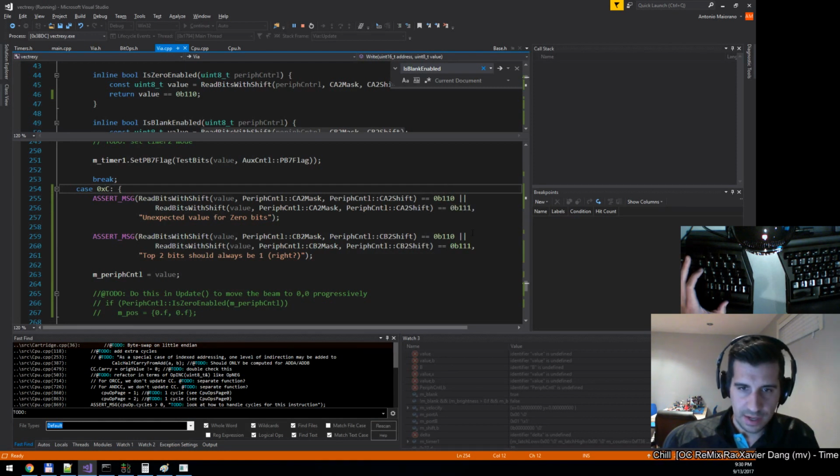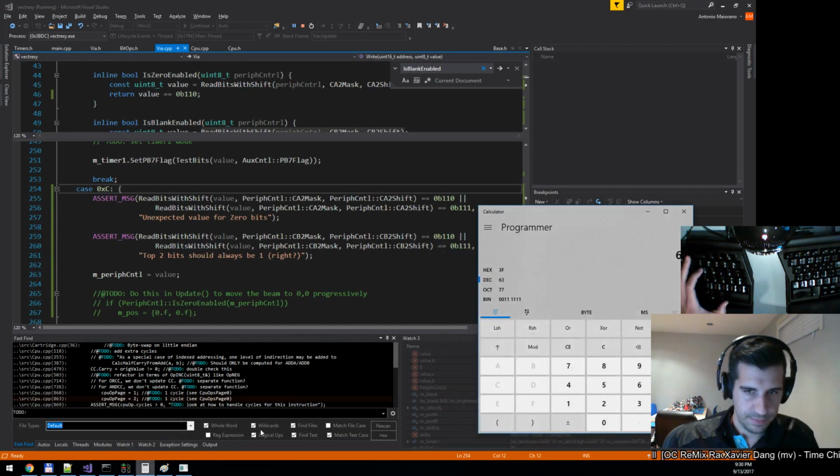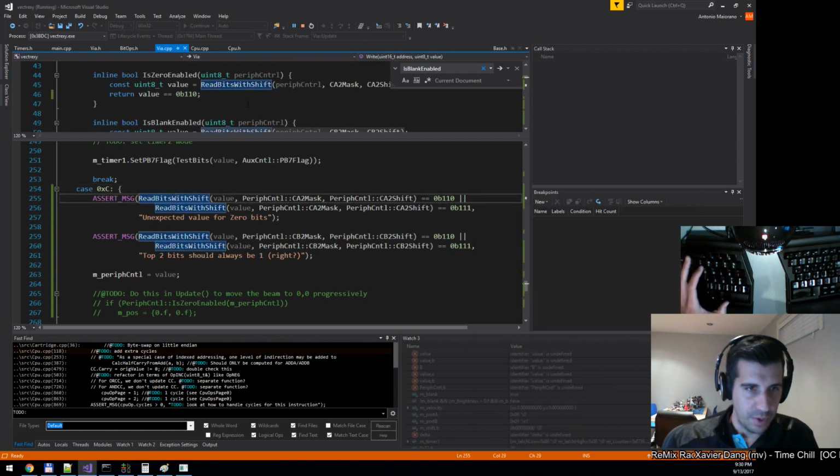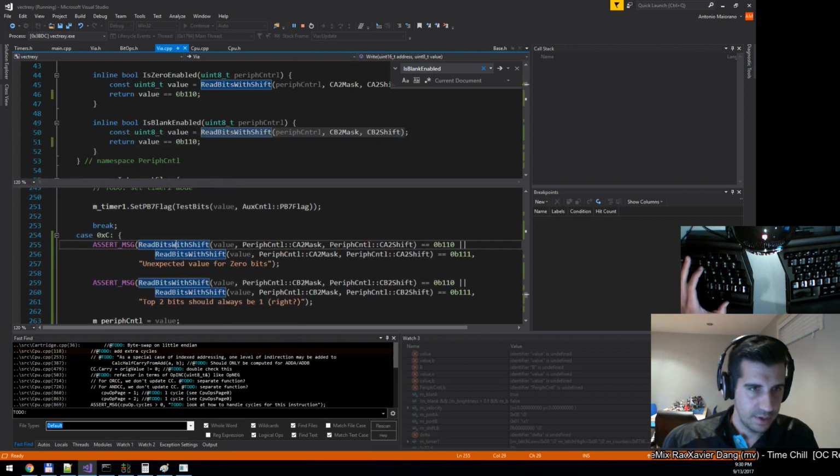And that corresponds to what? To 110. So 110 means zero is enabled.